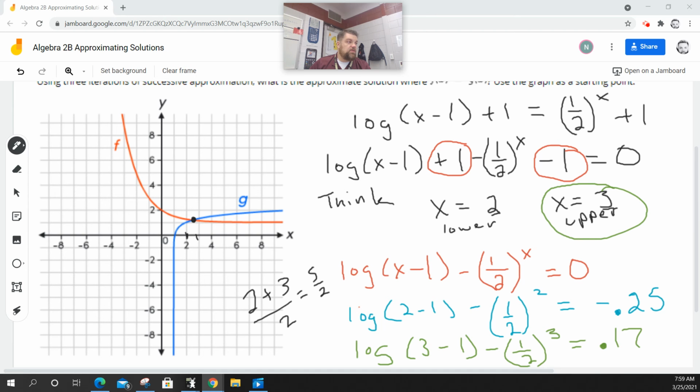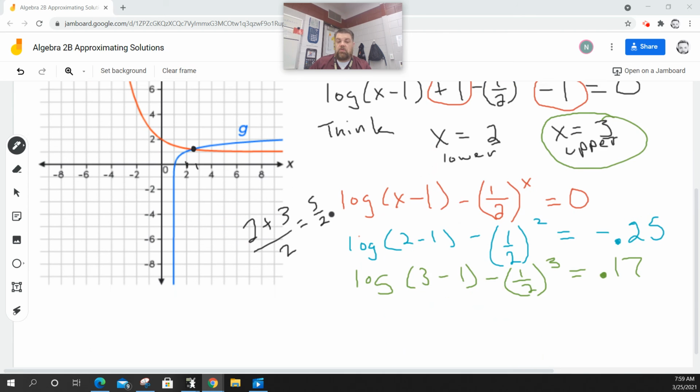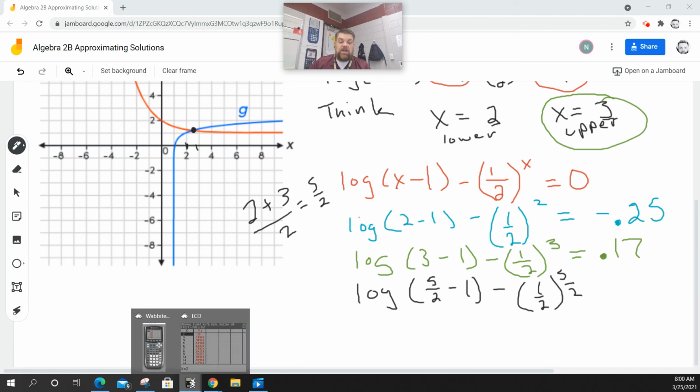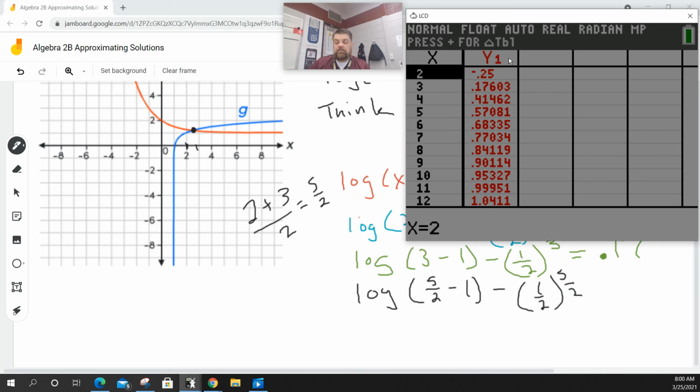We need to see if it replaces the upper or lower boundary. So now I'm going to say log base 10 of 5/2 minus 1, minus 1/2 raised to the 5/2. That's actually 2.5. So I'm going to go into the calculator and see what that yields.